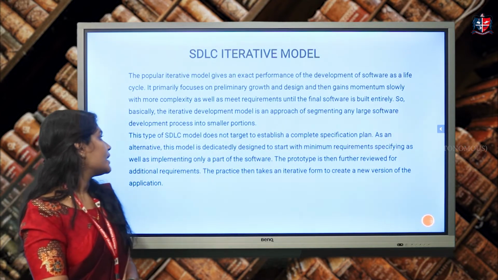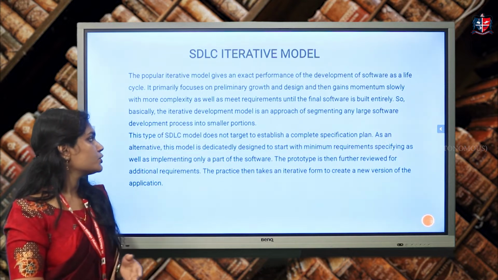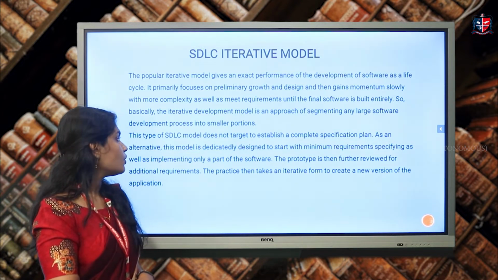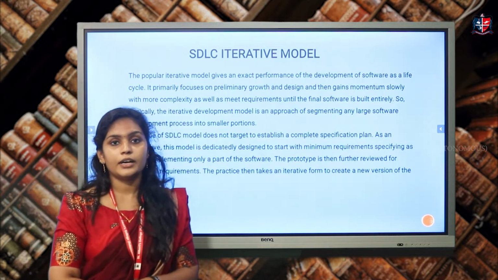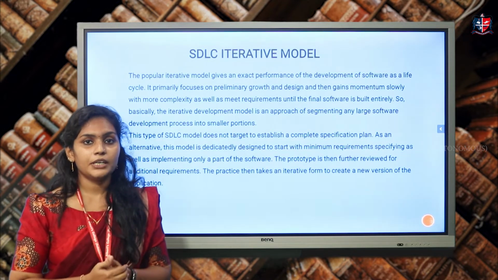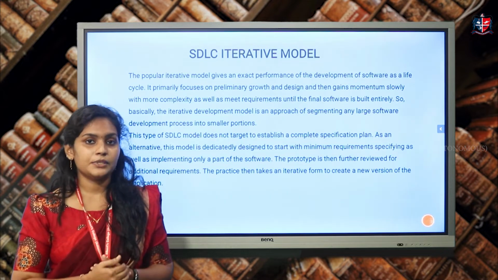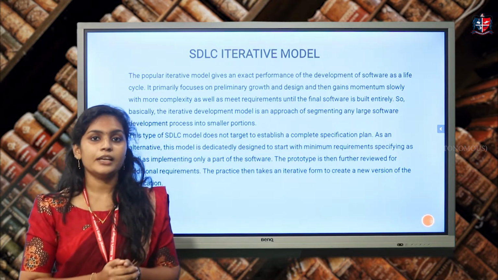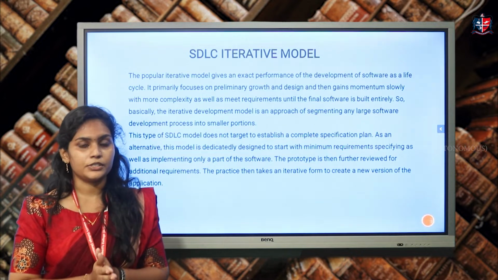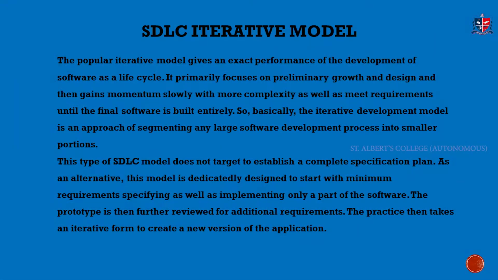So basically the iterative development model is an approach of segmenting any large software development process into small portions. Our developing process is a large process. So the process can be divided into single steps, and each step can be developed individually, and after completing each individual part, they will be combined to produce the final output.